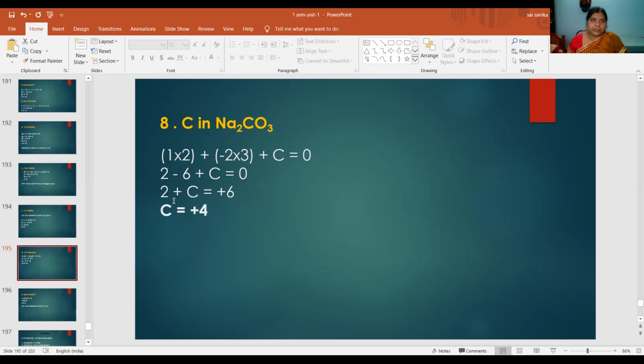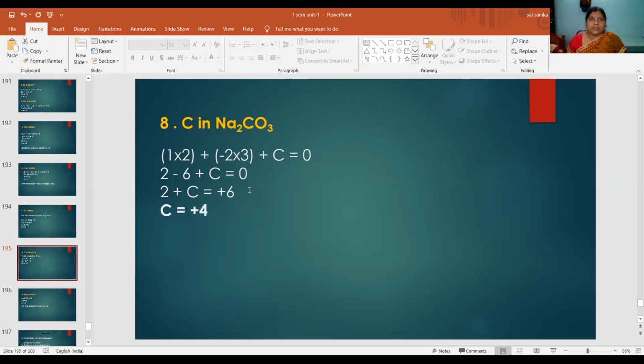Okay, 2 minus 6 minus 4 actually, do this calculation. 2 minus 6 minus 4 plus C. So x is equal to plus 4 like this.